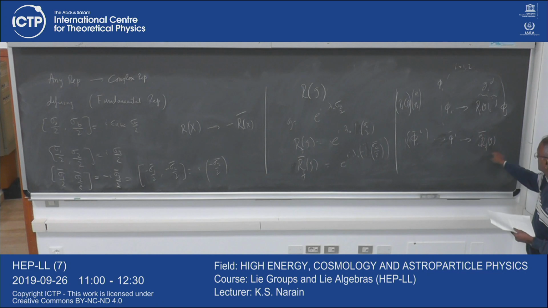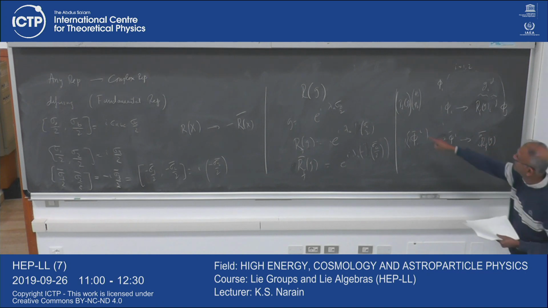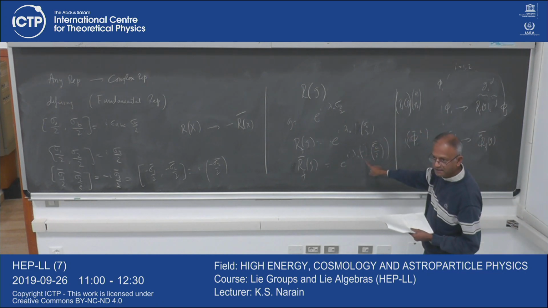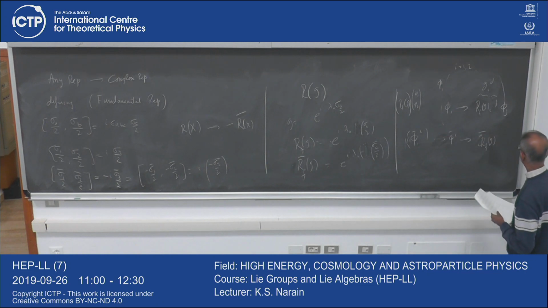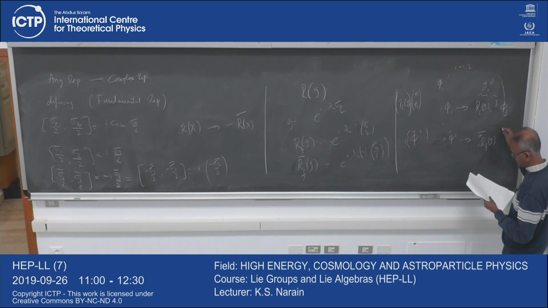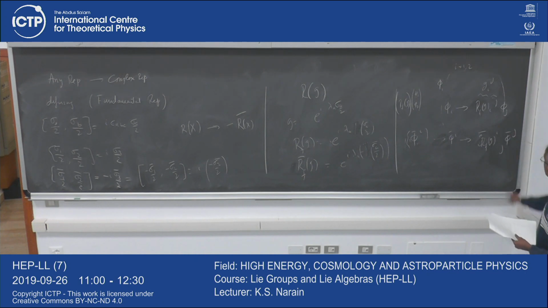This is a symbol for the complex conjugate representation, which is defined through that expression. And then here you have I, J, phi bar J, because I'm using the upper index here. You see this index is before that index, so this is still the row and the column. So this is a standard matrix multiplication.